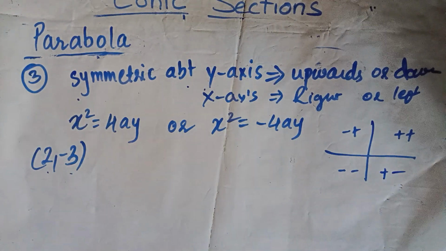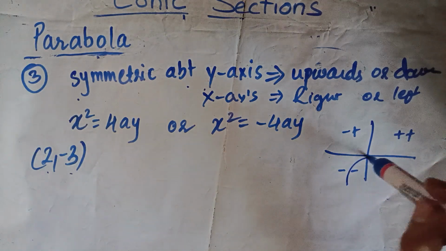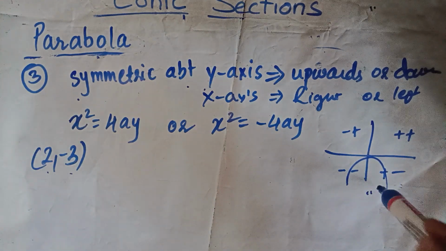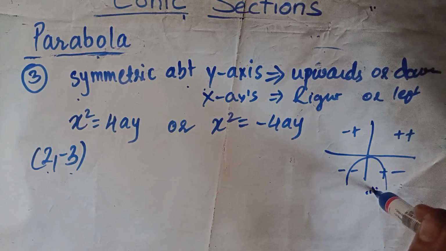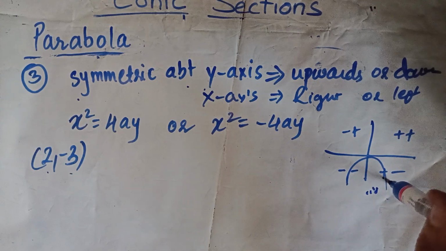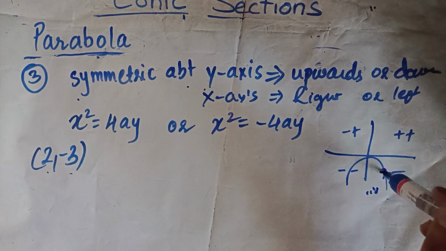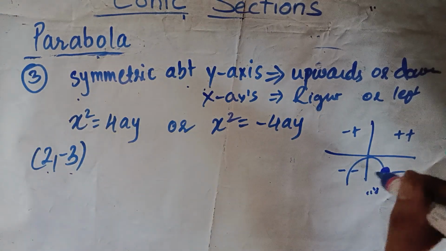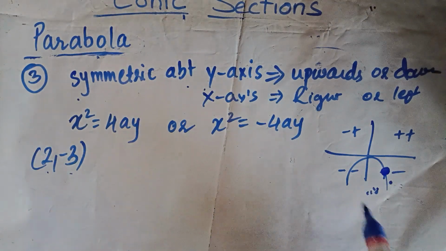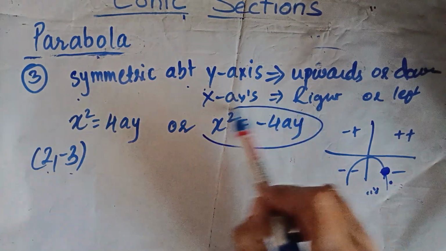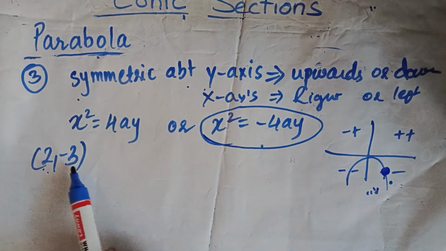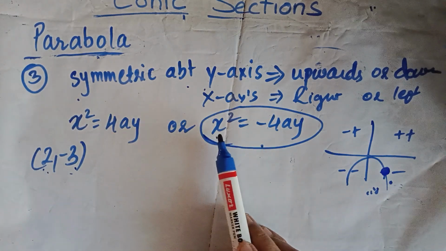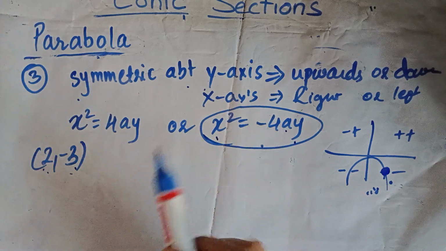So it falls in the fourth quadrant, somewhere here, and it has the sign positive, negative. So this parabola should be a downward parabola, and we have to make use of this equation. Now the point is given, so we can substitute it here and find a.